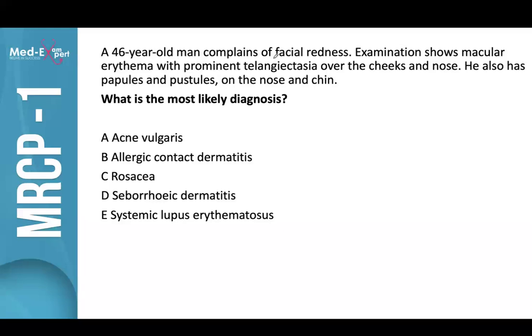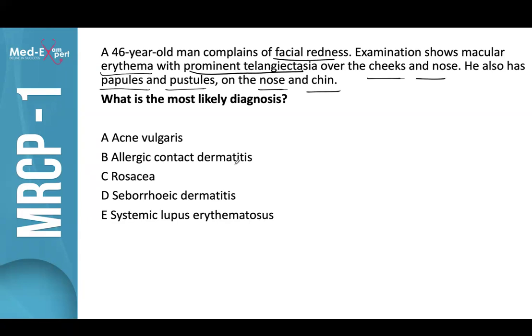A 46-year-old man complains of facial redness. Examination shows macular erythema with prominent telangiectasia over the cheeks and nose. He also has papules and pustules on the nose and chin. What is it called? Telangiectasia, facial redness, especially in a man in middle age.